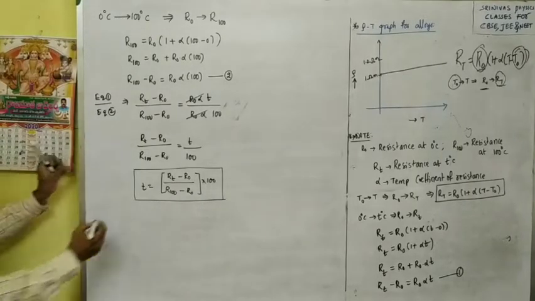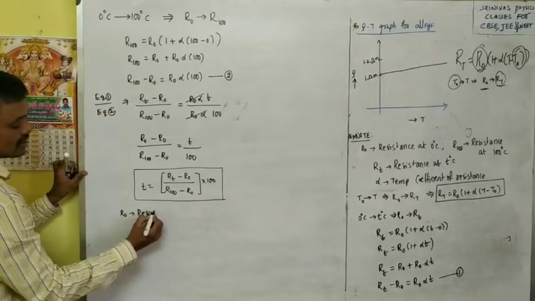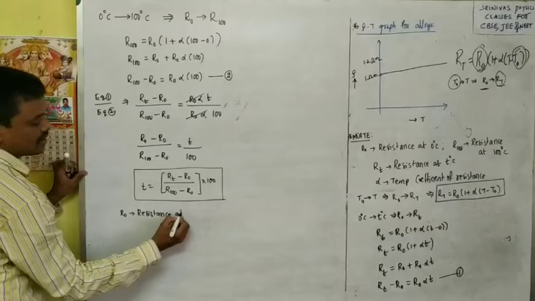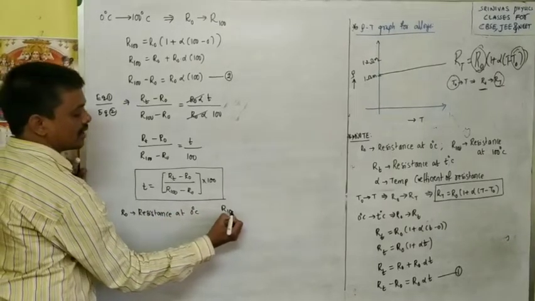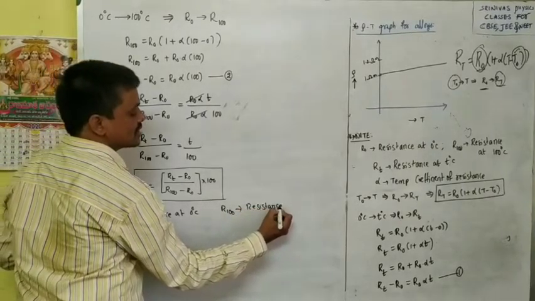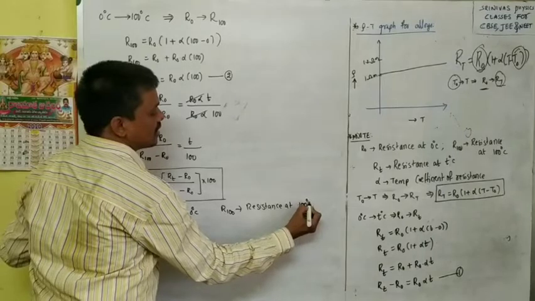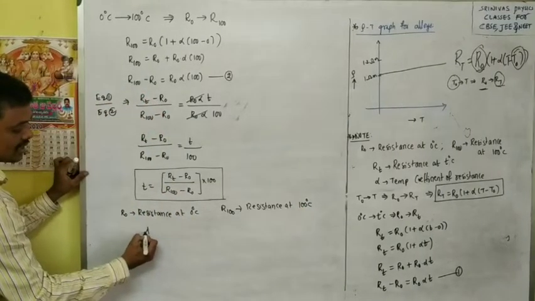You know R0, the resistance at 0 degrees Celsius. You know R100, the resistance at 100 degrees Celsius. Now you want to find out at what temperature the resistance is Rt.